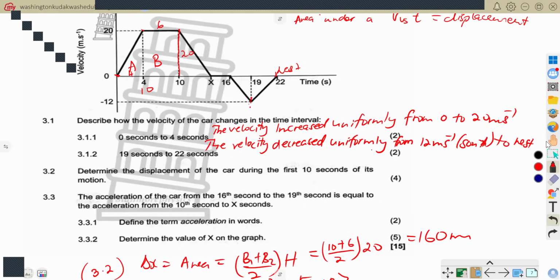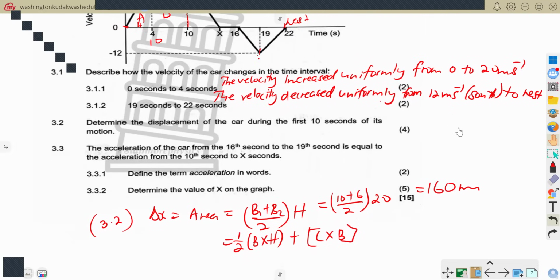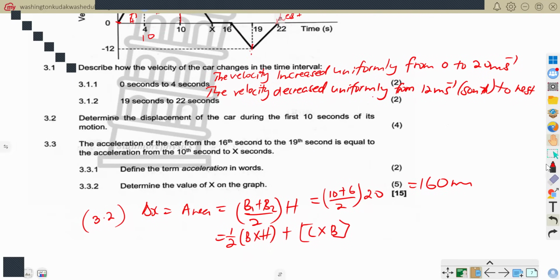So the other option was to use the two areas which we were going to give you, to say half of 4 times 20 plus 20 times the base, which is 6. They were all going to give you the same answer, which is 120 meters. So you would get to know that the displacement under a velocity time graph is given by the area.